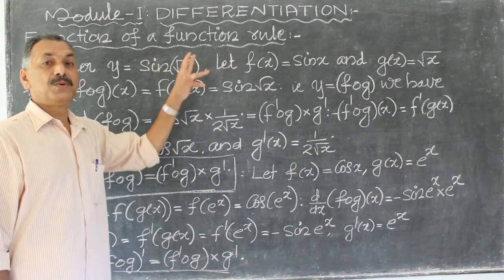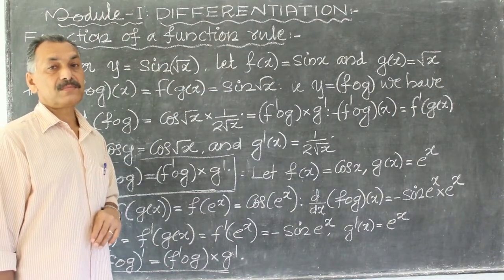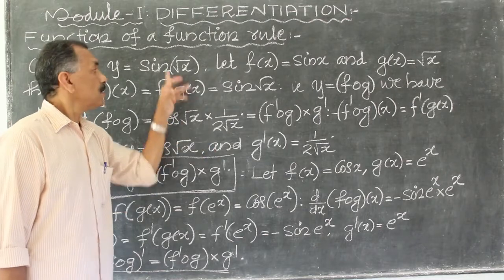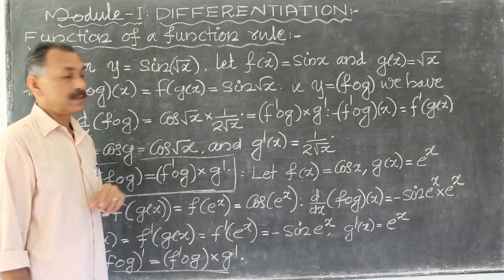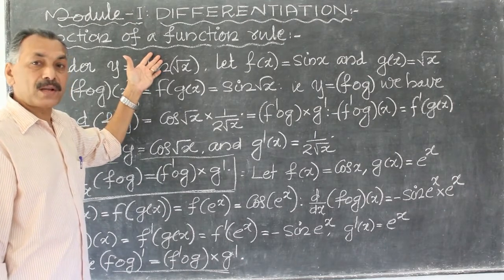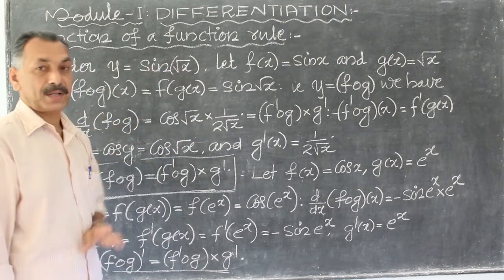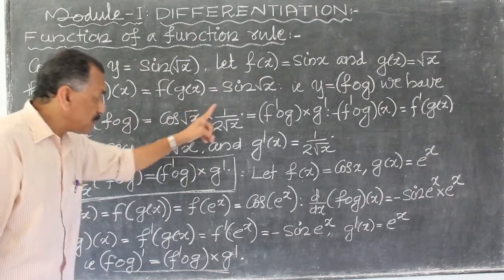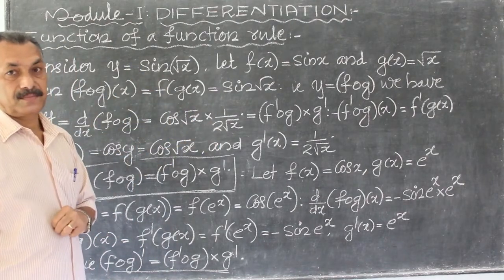Then dy by du into du by dx. What is the derivative of sine? Cos u, that is cos root x. Then the derivative of root x. What is the derivative of root x? 1 by 2 root x. So dy by dx is equal to cos root x into 1 by 2 root x.